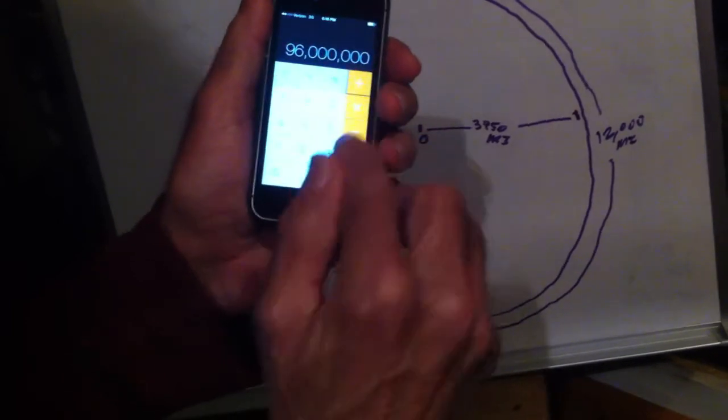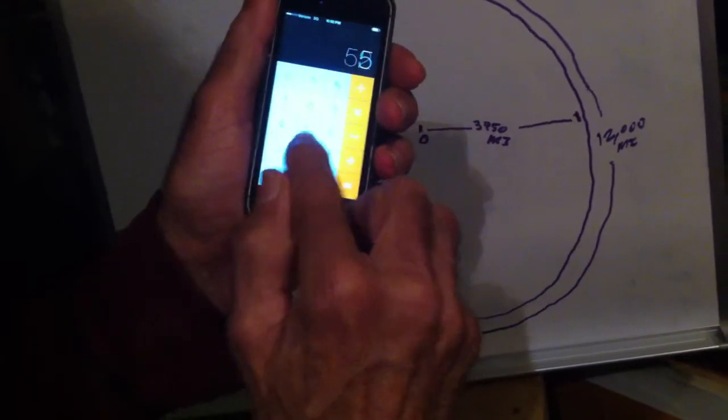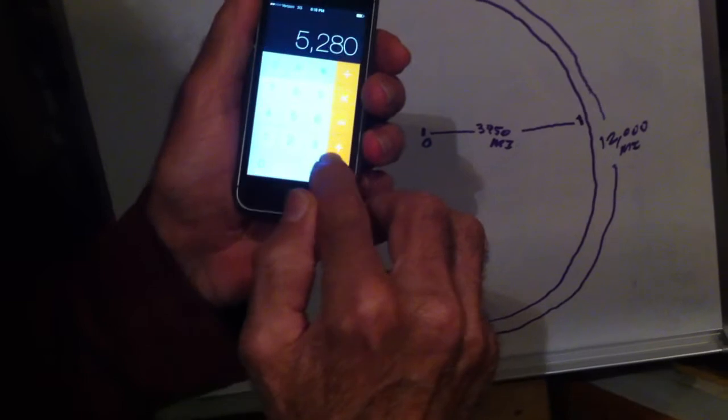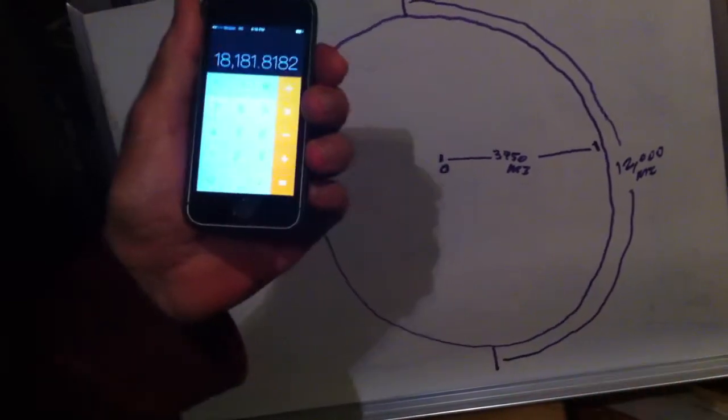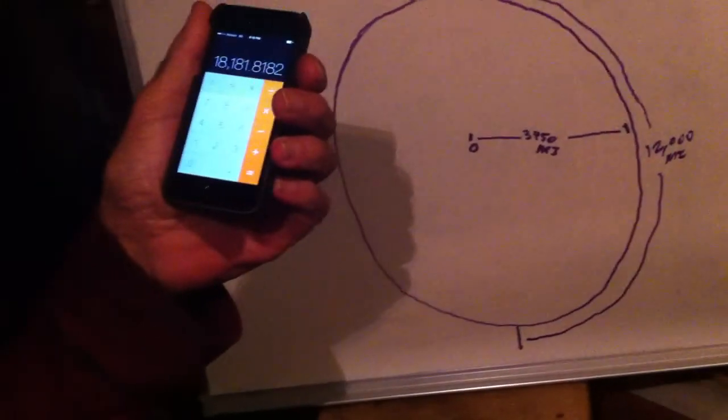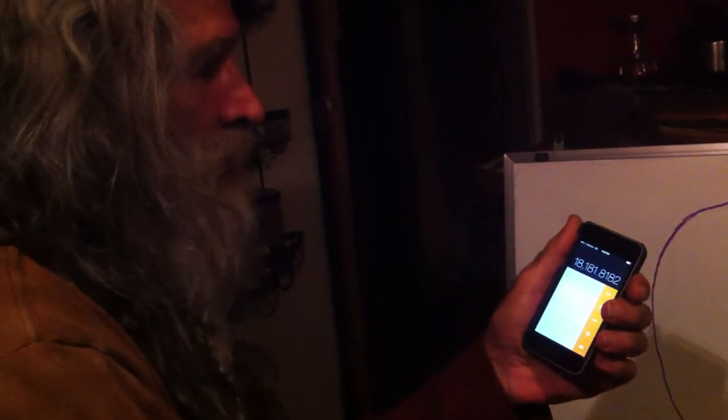So divided by 5,280 equals 18,181 miles of curvature on a 24,000 mile sphere or ball. Well, that's not right. As best as I can tell, maybe somebody can help me out with my math.